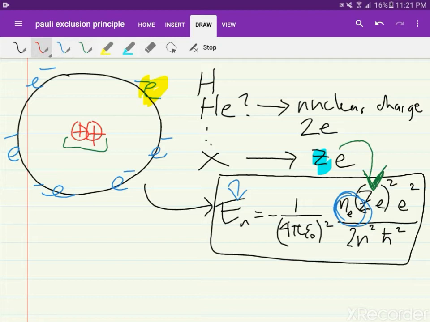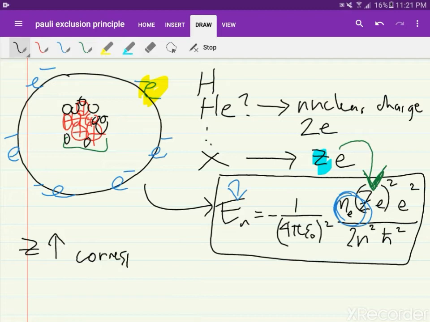For example, you have more protons in the nucleus, and of course there are also neutrons, but for simplicity's sake, we have a high number of Z. That would correspond to a lot of electrons.